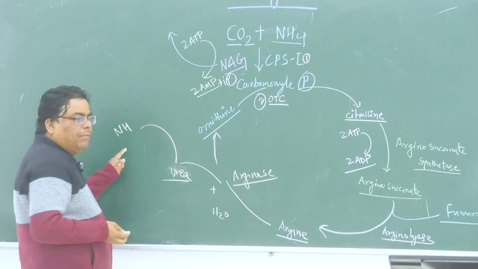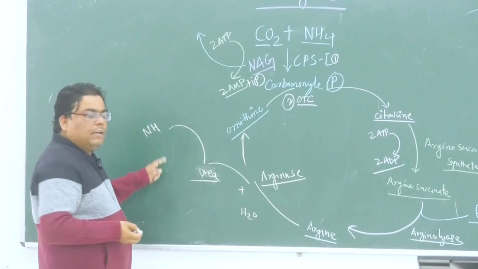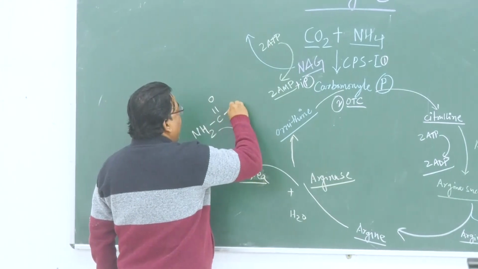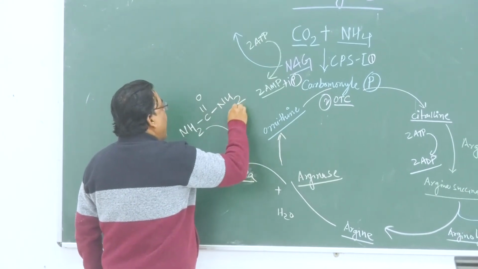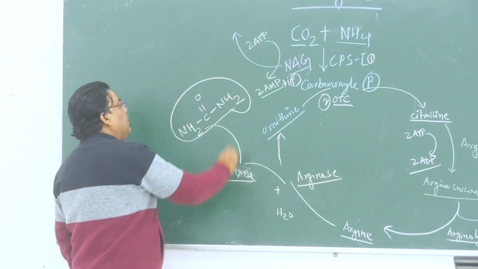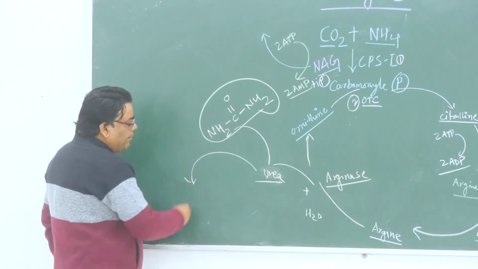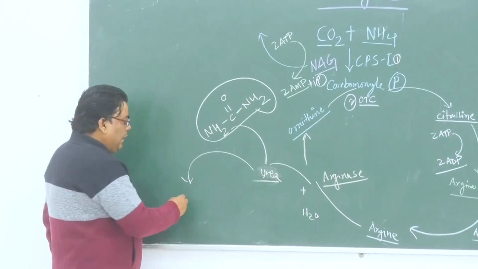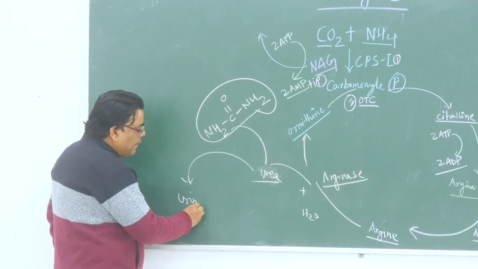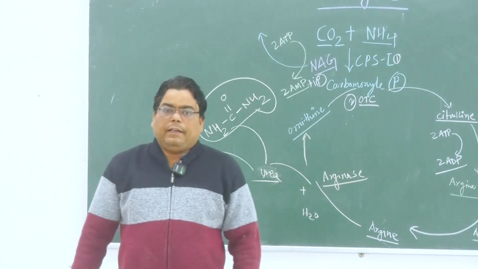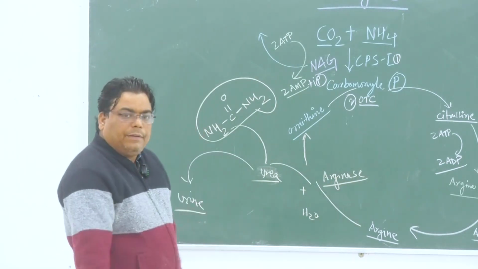What is the molecular formula of urea? NH2-CO-NH2. So all the processes are there. After that, this urea goes on into urine, and is removed in urine.